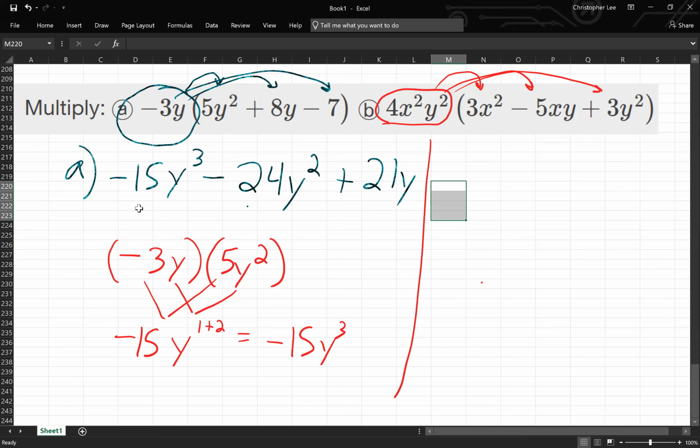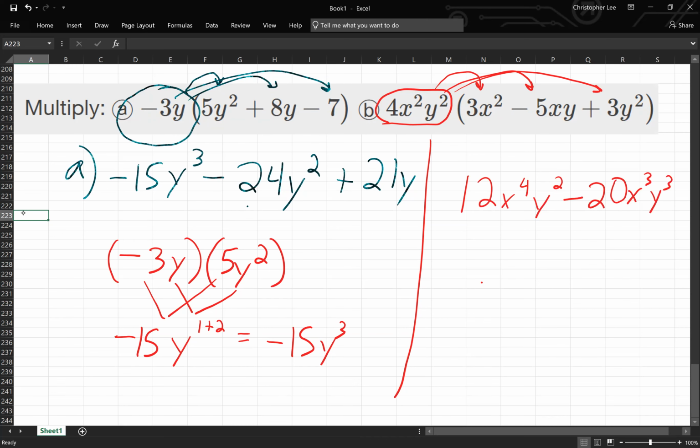And then x squared times x squared is going to give me x to the fourth power. Remember, just adding them, 2 plus 2, 4. And then I have y to the second. And then I'm going to have negative 5 times 4, which gives me a negative 20. And I'm going to have x to the third, y to the third.